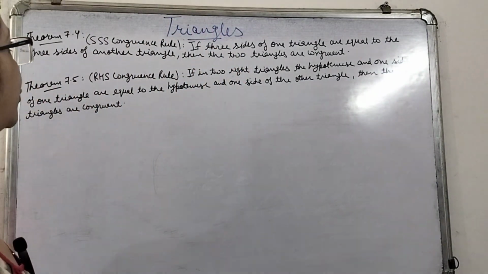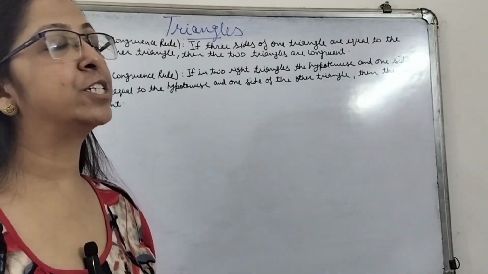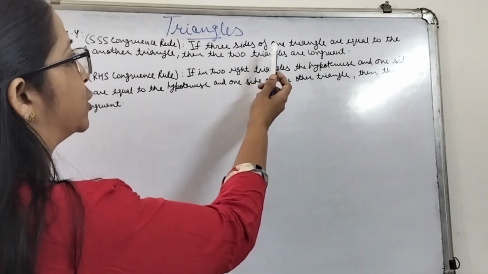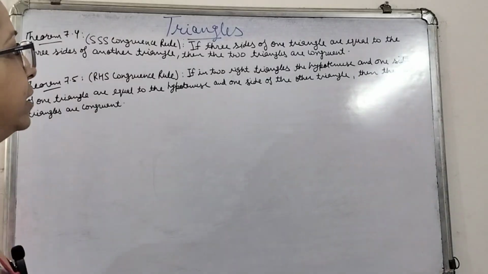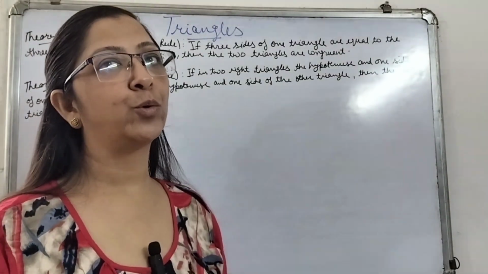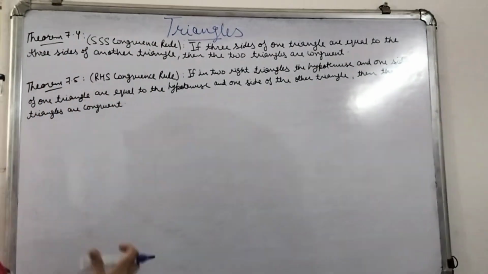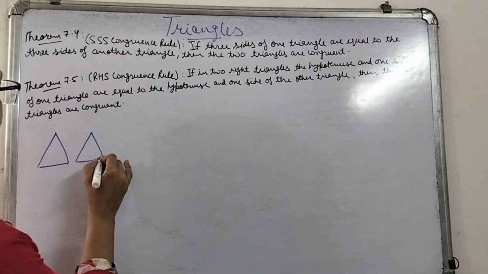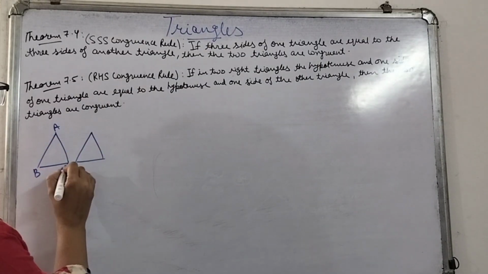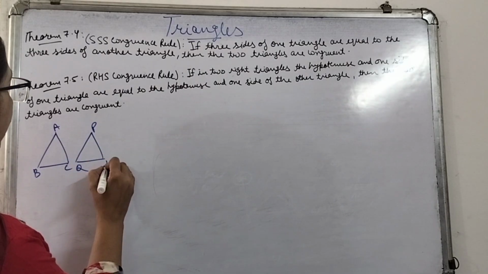Theorem 7.4, SSS congruency rule. If three sides of one triangle are equal to three sides of another triangle, then the two triangles are congruent. That means if there are two triangles, suppose this is one triangle and this is another triangle. This is your triangle ABC and this is your triangle PQR.